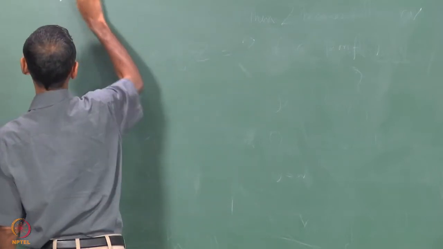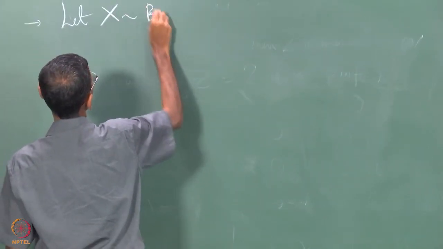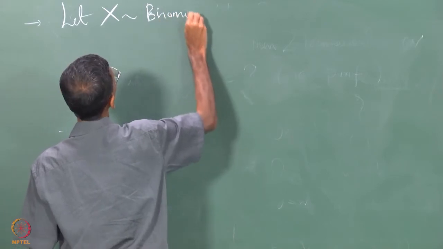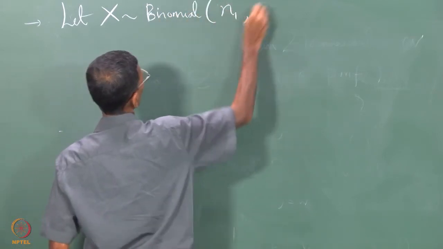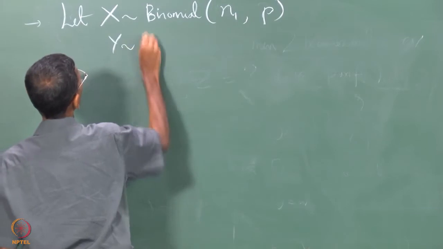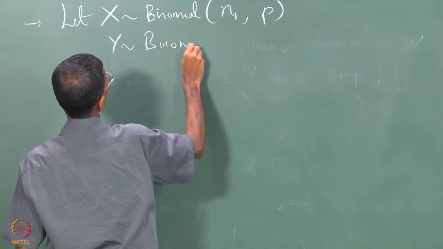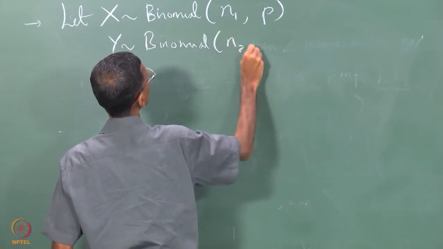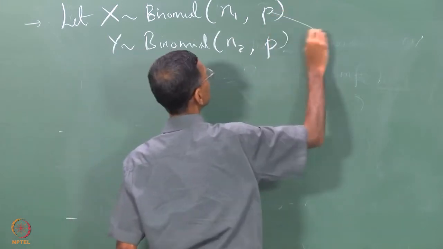So let X have the binomial PMF with n1 comma p, and Y have the binomial PMF with n2 comma the same p. The p must be the same.